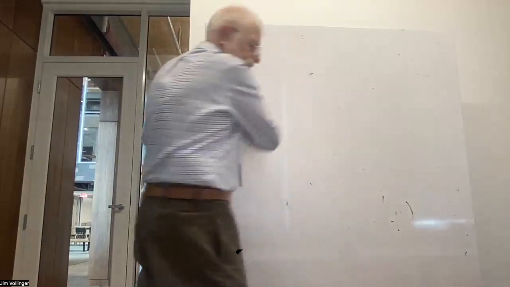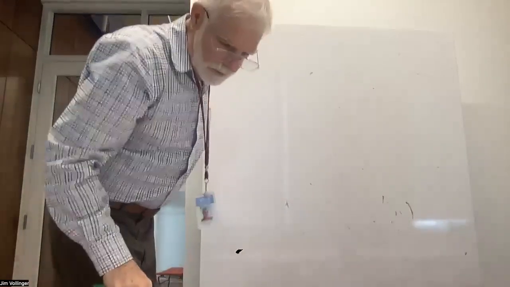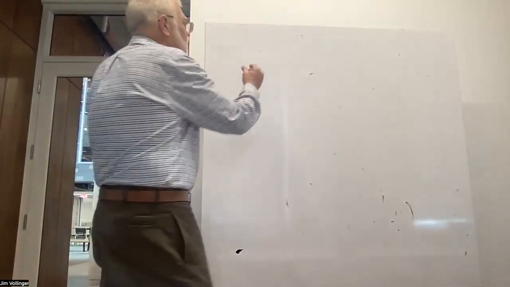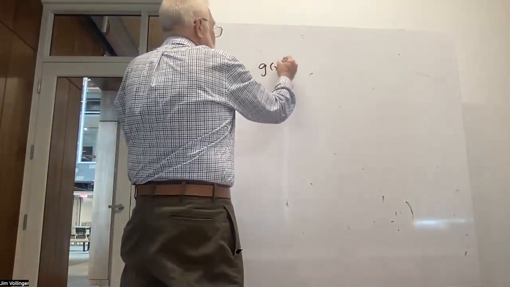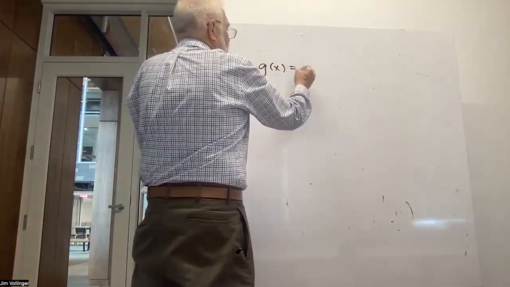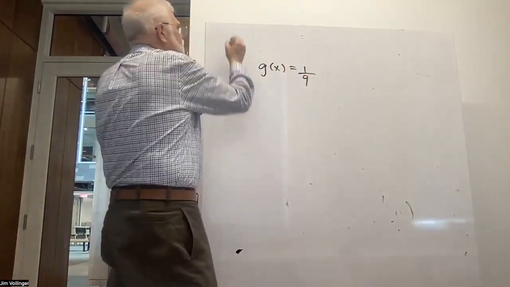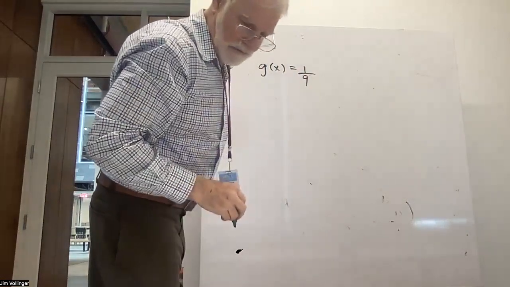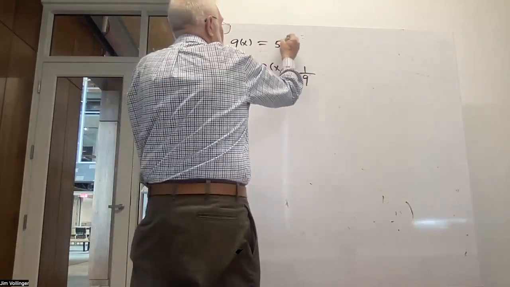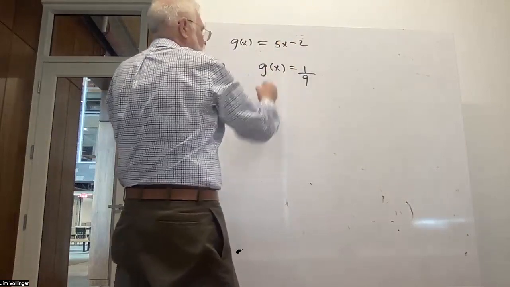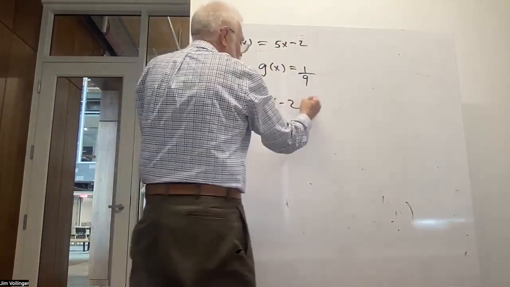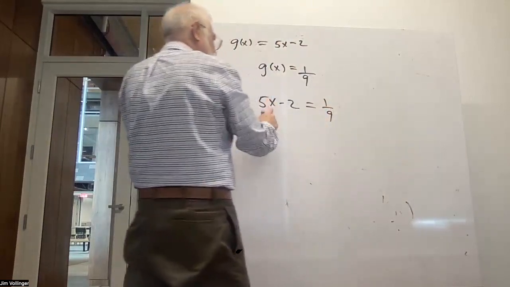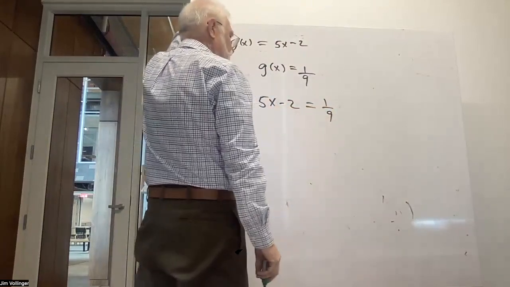Next one. Now it says g of x equals 1/9. All right, and g of x may be written as 5x minus 2. Well then, instead of saying g of x, why don't I say 5x minus 2 equals 1/9? And let's find the value that produces that table value.